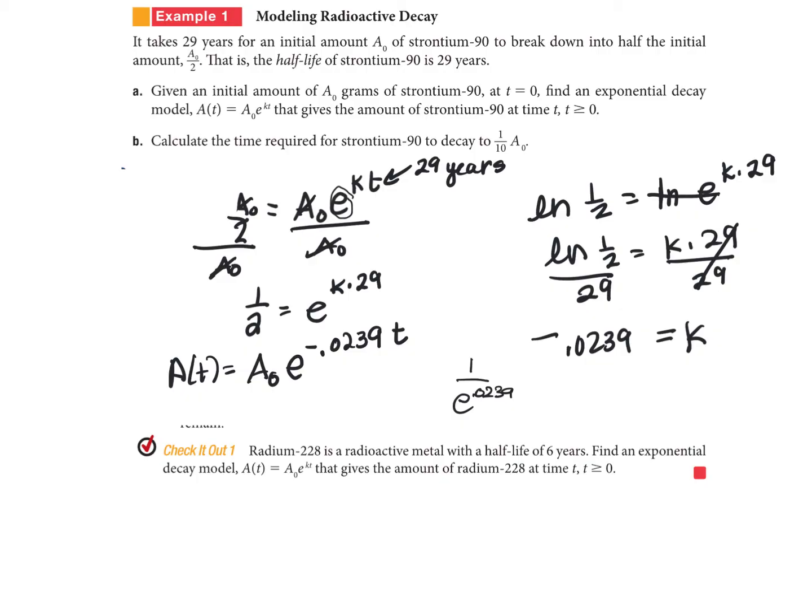Now it says calculate the time required for it to decay to 1/10 of A naught. So 1/10 equals, I don't need the A naught because I'm just going to divide it off both sides, e to the negative 0.0239 t. No, sorry, this is raised to the power of t, so I need to take the natural log of both sides.